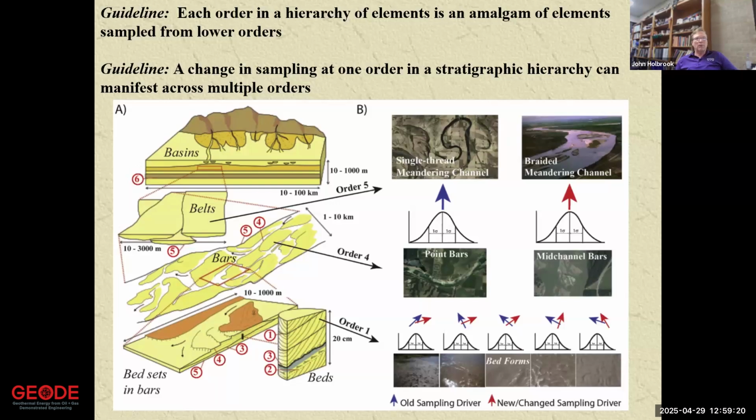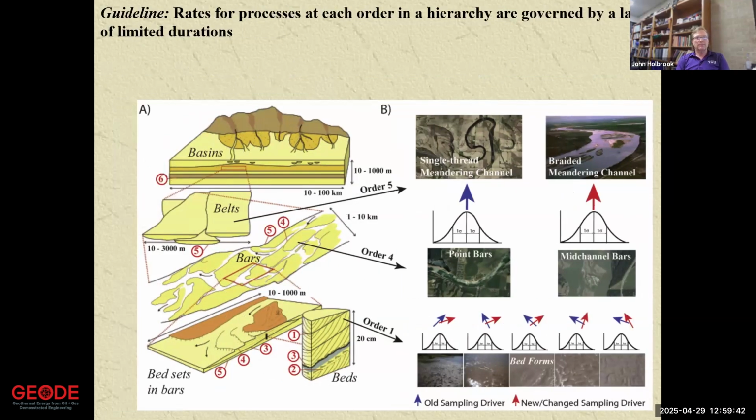So instead of sampling sediments on the face of some big point bar, you're now sampling them on mid-channel bars. And so now you're showing up with a braided river instead of a meandering river. So little subtle changes along the way at any level of the hierarchy are what determine how your ultimate larger reservoir is going to be built. Next slide.